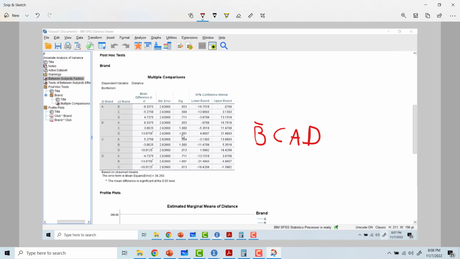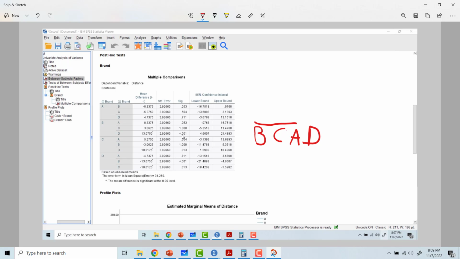So I could draw a line here between B, C, and A because there's no significant difference. Now look at C. No significant difference between A, no significant difference between B, but there is a significant difference between C and D.